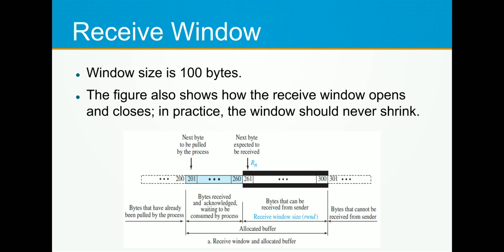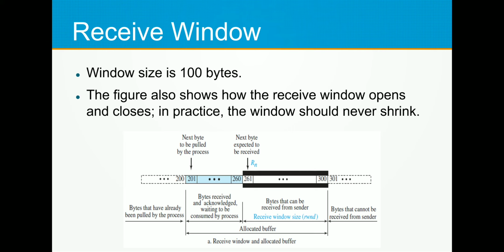And the rest of the data are the bytes that have been received and acknowledged also. The sending process has been informed that these bytes have been received successfully. That is what we mean by bytes being received and acknowledged.